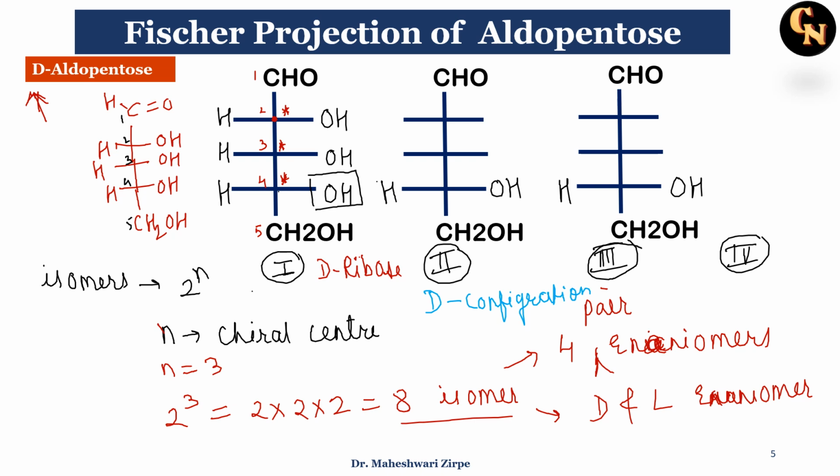Now the OH group of the second carbon is on the left hand side, whereas the remaining are on the same side, like ribose: the third and fourth carbon OH are on the right hand side, only the second carbon OH is on the left hand side. Then the name of this compound becomes what?